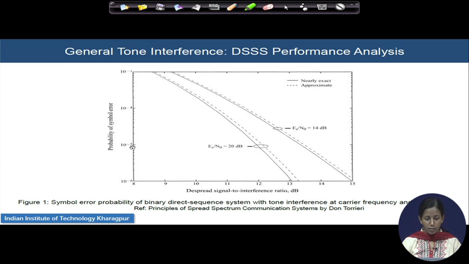So, the observation is, for 10 to the power minus 5 target bit error rate for data communication, where we are mostly interested, we will be able to see that this approximate model and the nearly exact model differ by an amount of approximately 0.1 dB. That difference is really small, even smaller in case of lower SNR values.